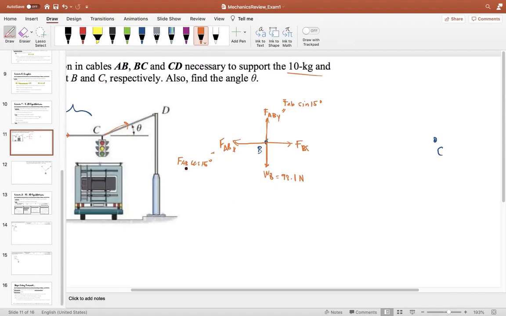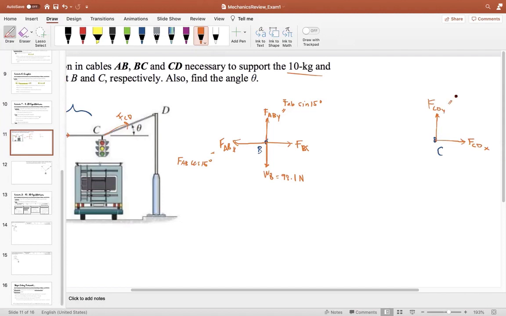So if I was going to break up FCD, if I'm going to break that up into its X and Y component, what would the X be? FCD cosine theta. Exactly, because it's still the arc touching there, which means the vertical component will be sine theta, right?